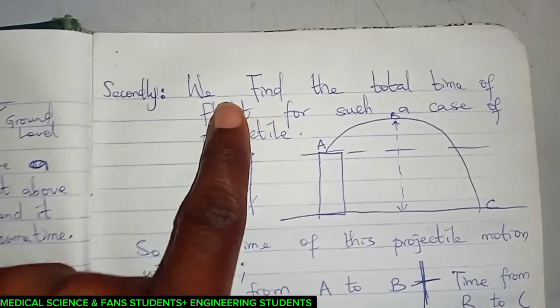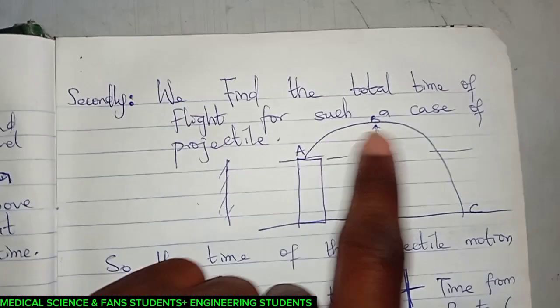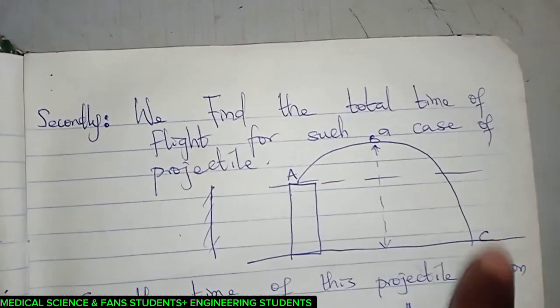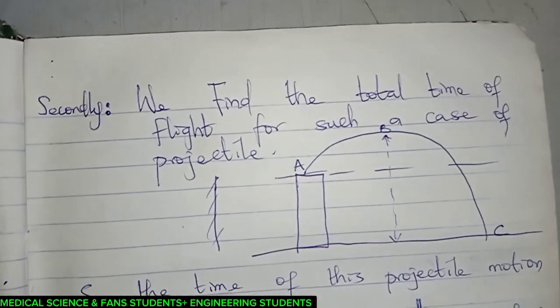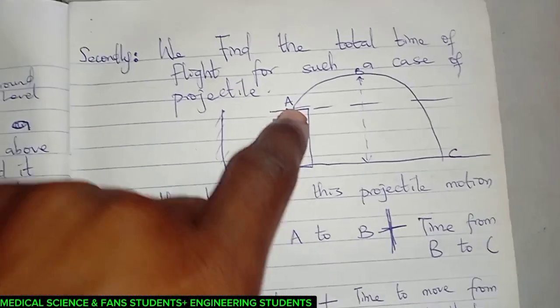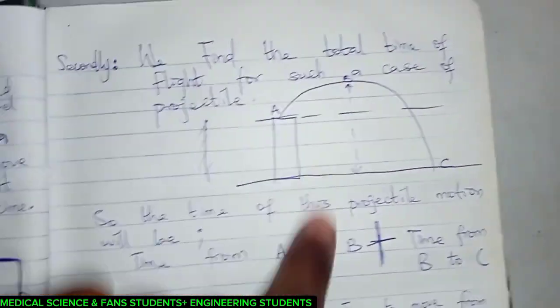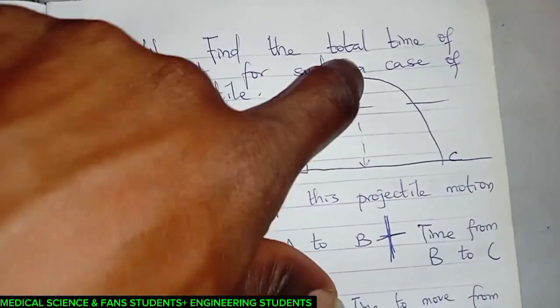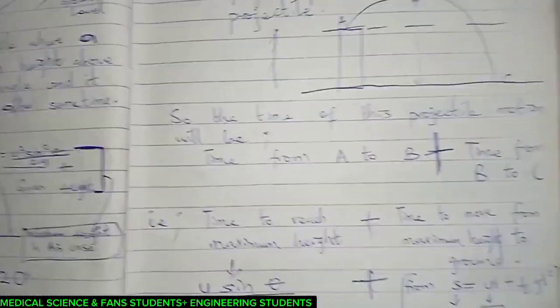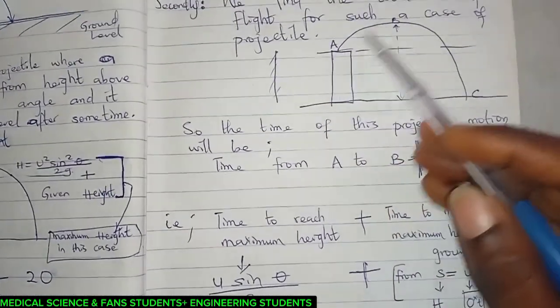So secondly, we find the total time of flight for such a case of projectile. Now notice, if this is a b c, the time of this projectile motion will be time from a to b, plus time from b to c. That is the time for it to move and reach maximum height.